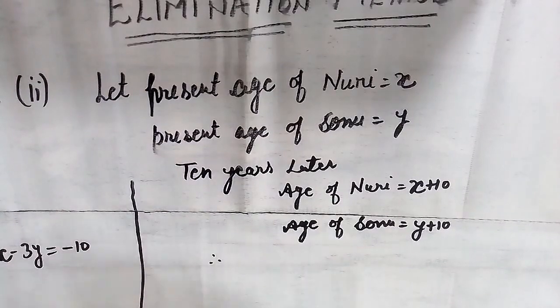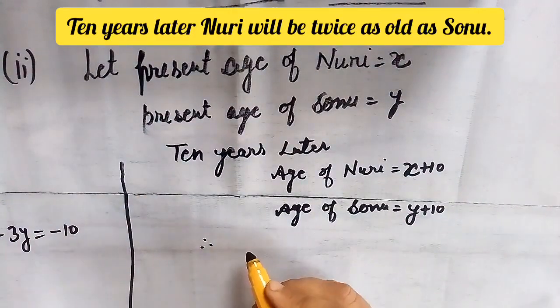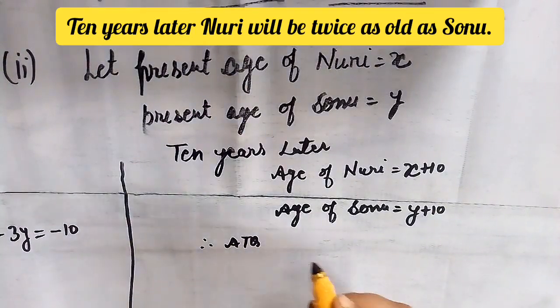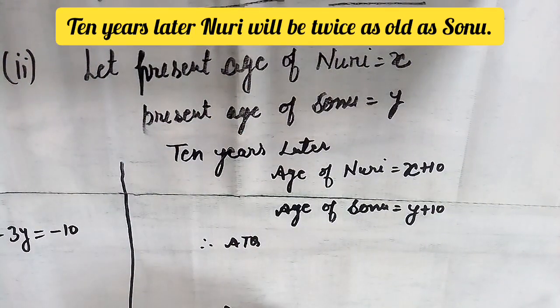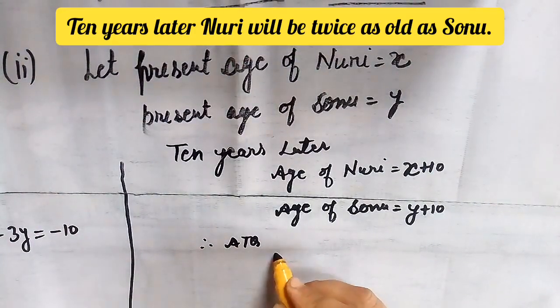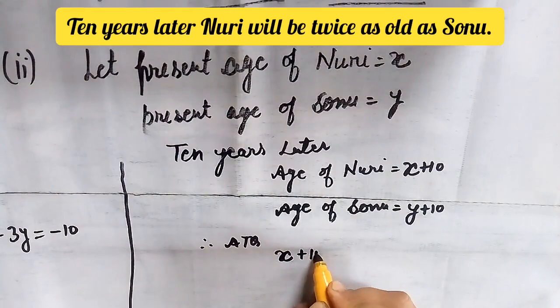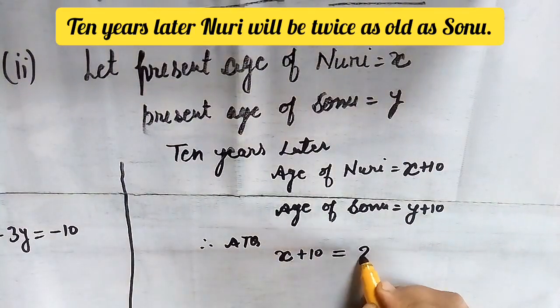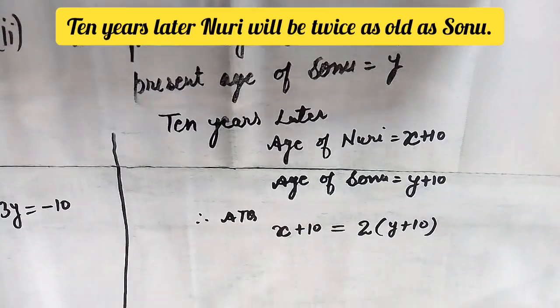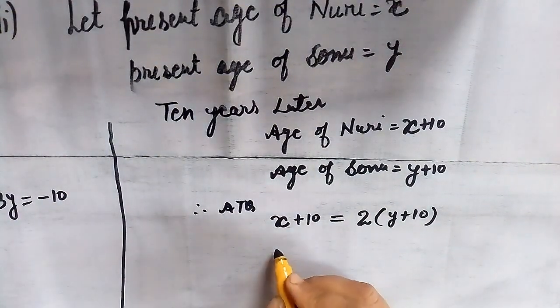Remember the relation. So according to the question, age of Nuri will be 2 times age of Sonu. So age of Nuri, x plus 10, will be equal to 2 into y plus 10, 2 whole multiplied by y plus 10.